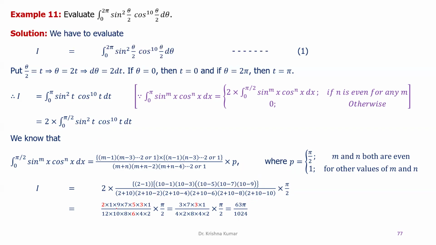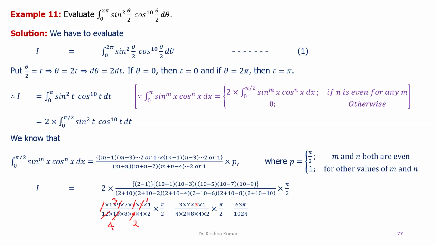Now, this 5 and this 2, 5 twos are 10, so this 10 will cancel. Again, 3 ones are 3, 3 twos are 6, 3 threes are 9, and 3 fours are 12.